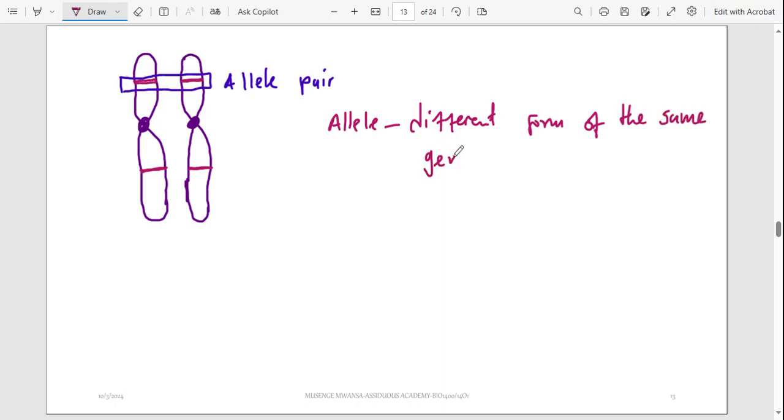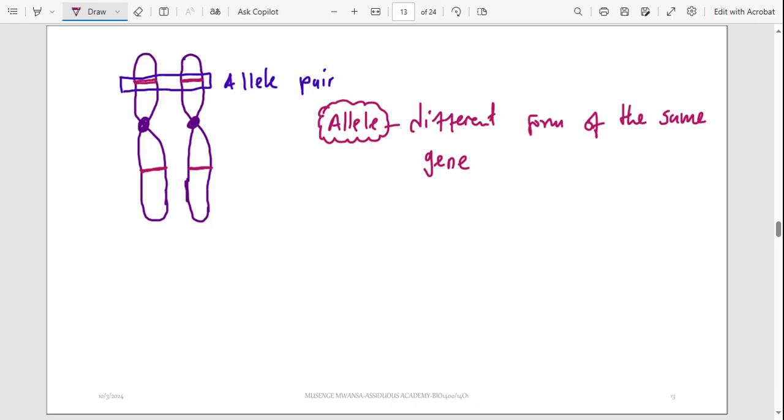Remember this gene that we are talking about, let's say it's a gene for eye color. But then the eye color is not always brown. It can also be blue. It can also be another color. So the different forms of that same gene that we are talking about is what we call an allele. Hope we have gotten it. Okay. So if they ask what is an allele, a different form of a gene. Okay.